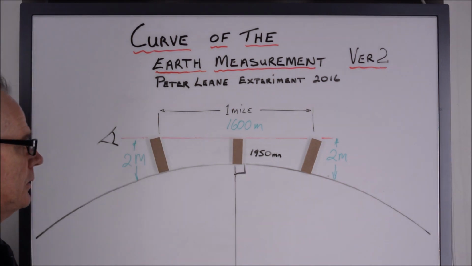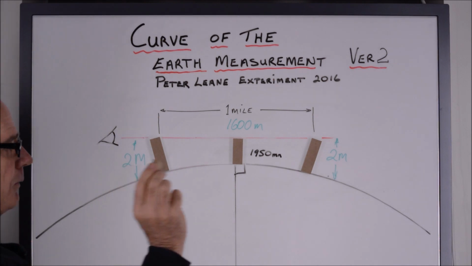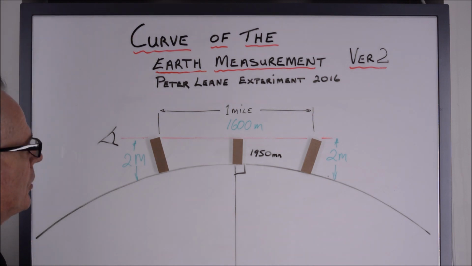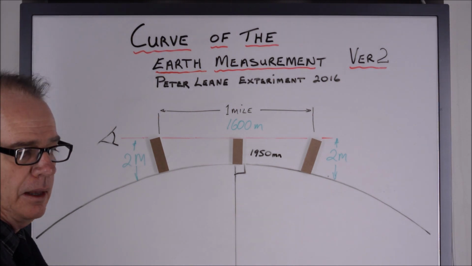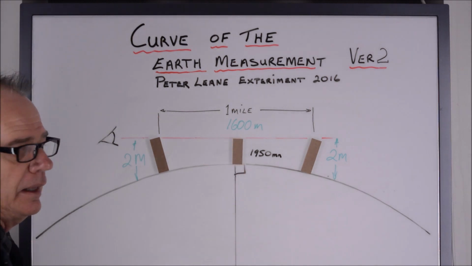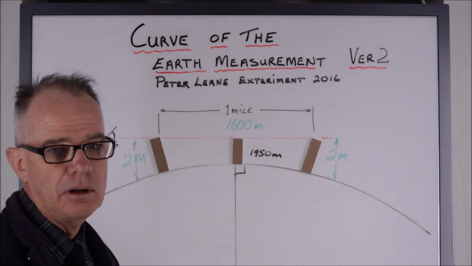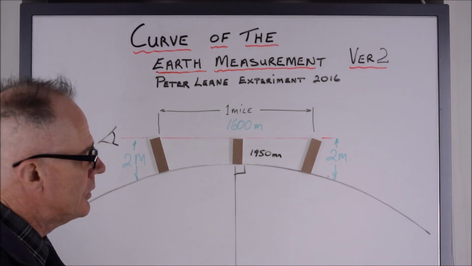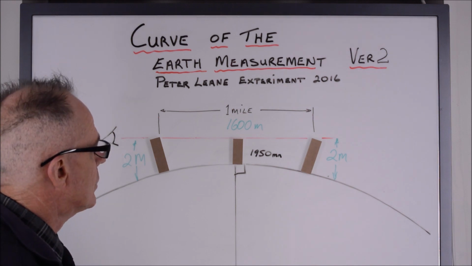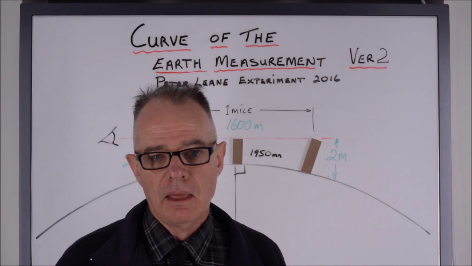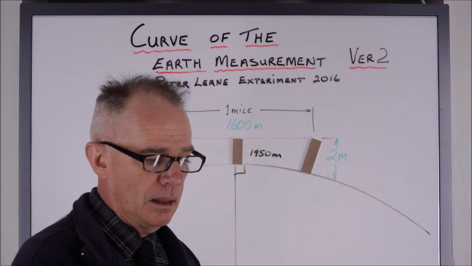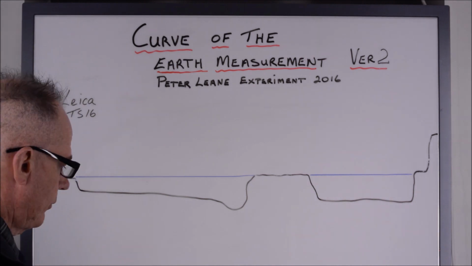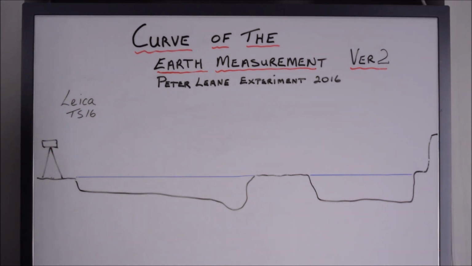And that 50 millimetres is the distance your eye has to perceive to pick the horizon to determine whether the Earth is flat or round. Now, over 1600 metres, that's impossible. Your eye cannot determine a 50 millimetre distance over that distance. So when we look at the horizon, it'll always appear flat. Okay, let's move on now with our new mathematics of trying to chase this 50 millimetres over 1600 metres.